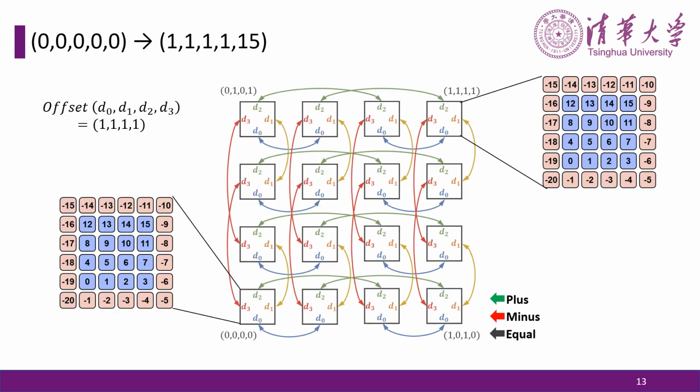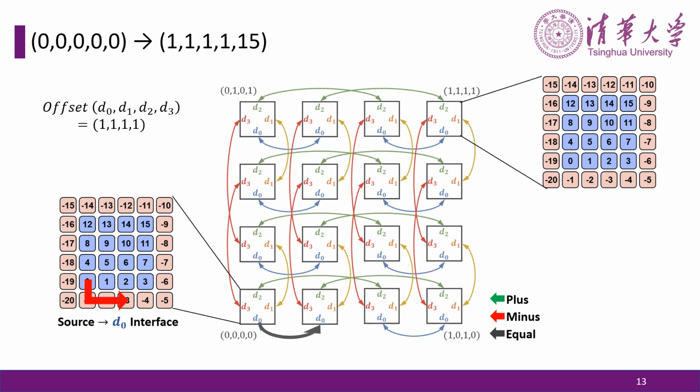For example, if the source coordinate is 0, 0, 0, 0, 0, and the destination coordinate is 1, 1, 1, 1, 15, the chiplet coordinate offset is 1, 1, 1, 1, which means the message needs to go through all the dimensions. It first goes from the source to the dimension 0 interface through minus channels only.